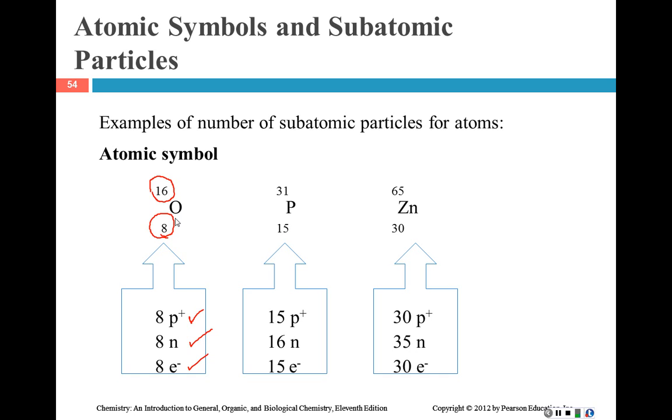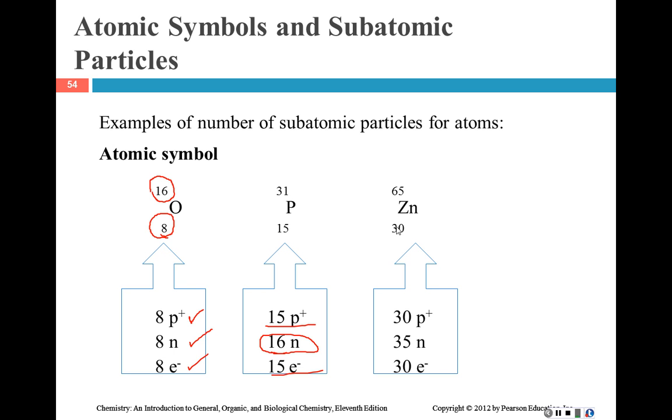Where did that come from? Well, I know that the atomic number gives protons and electrons, and I know that the mass number minus the atomic number gives me neutrons. So if you look at phosphorus-31, you have 15 protons, you have 15 electrons, but 31 minus 15 is what? 16, so I have 16 neutrons.